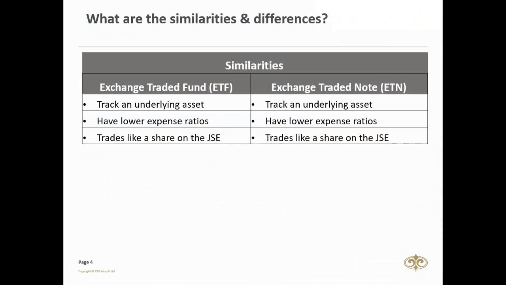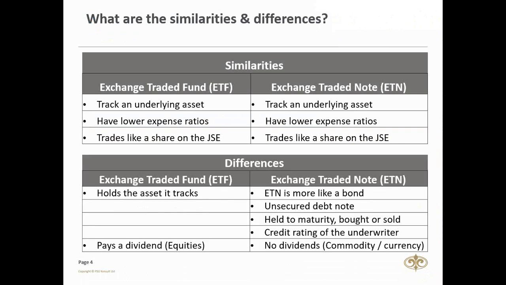Now, the difference between the ETF and the ETN is that an ETF holds the asset that it tracks, whereas an ETN, exchange traded note, acts more like a bond. You can say it's an unsecured debt note issued by an institution.